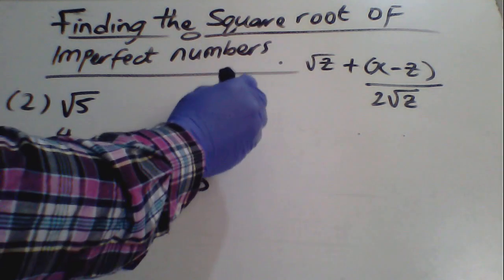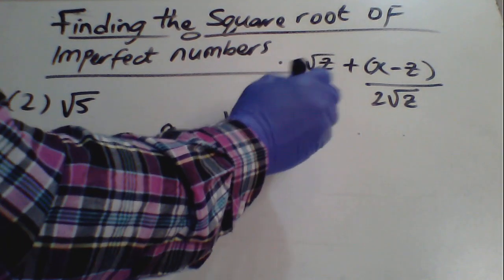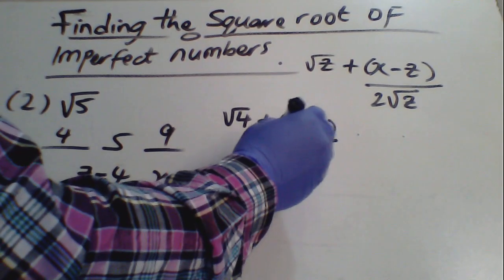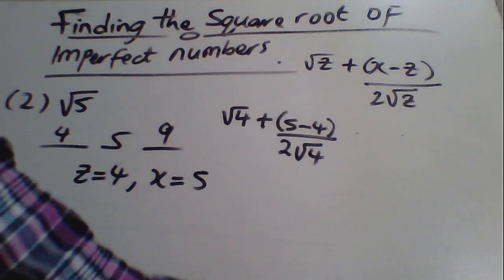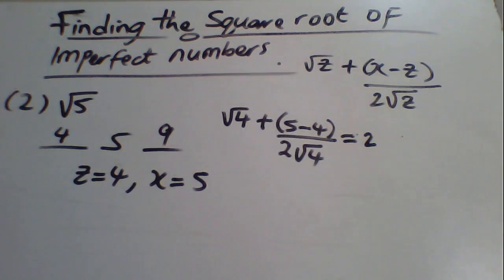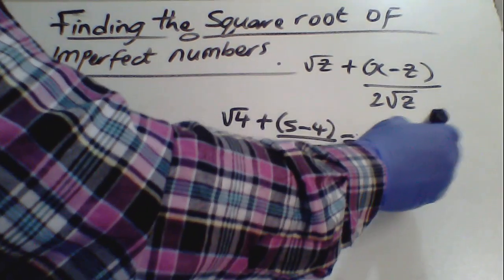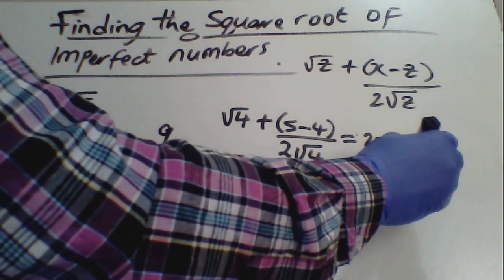So using this formula, you have the square root of 4 plus, in this case, (5 minus 4) divided by 2 times the square root of 4. So from here, the square root of 4 is 2, plus 5 minus 4 gives us 1, divided by 2 times 2, which is 4.